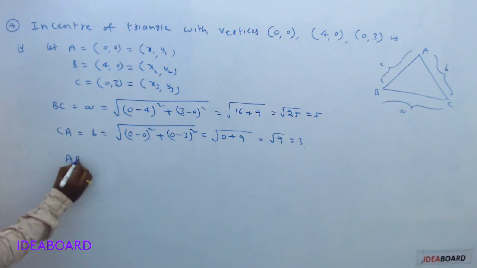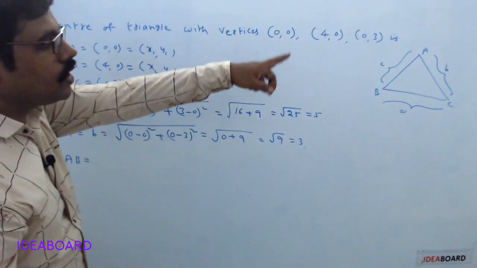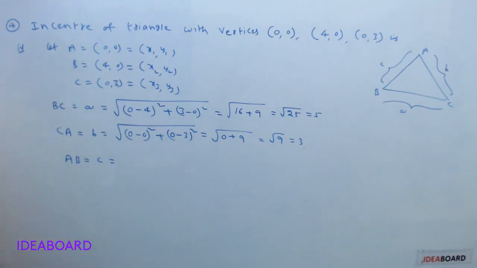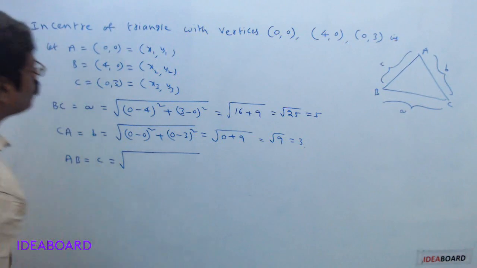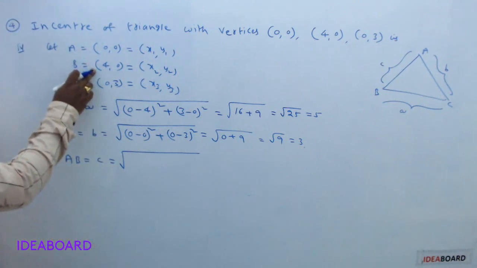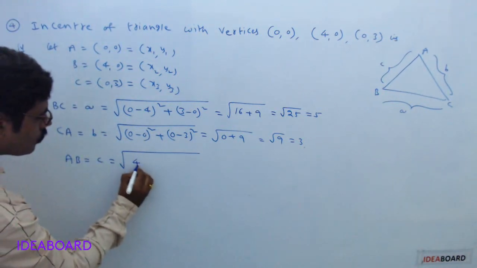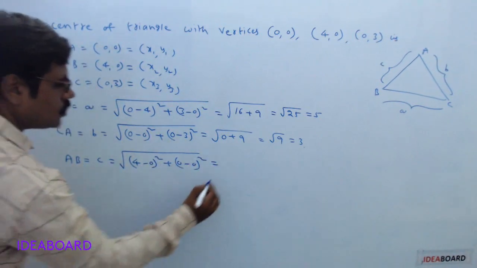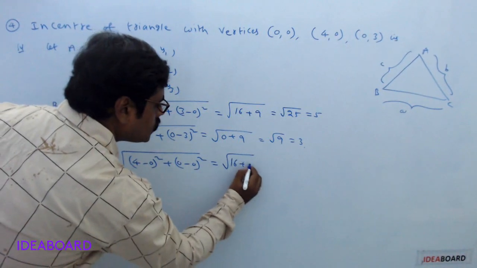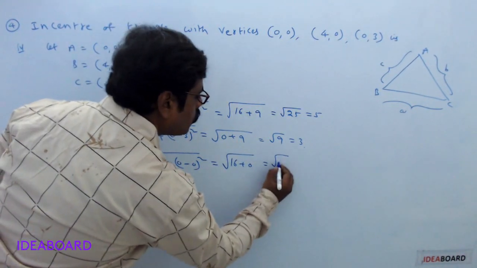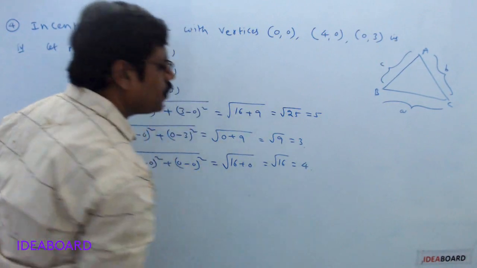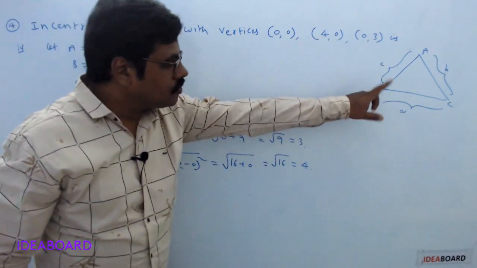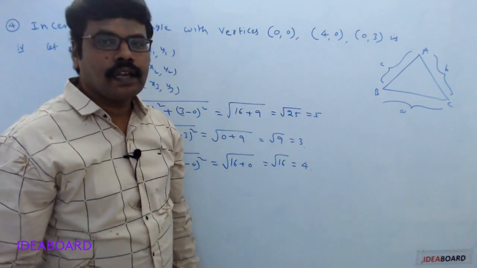Then calculate the length of the side AB, denoted c: the distance between the points A and B, (4 minus 0) whole square plus (0 minus 0) whole square, root of 16 plus 0, root 16, it will be 4. So we have found the lengths of the sides, and the vertices A, B, C are given.